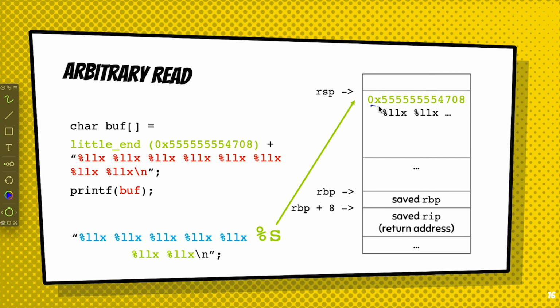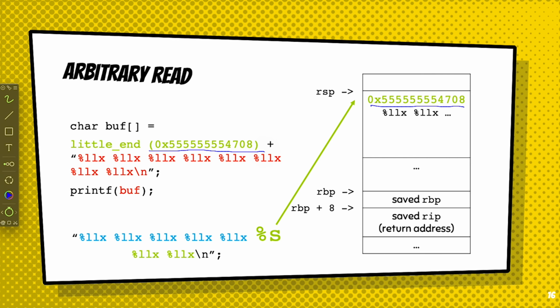Since we need to put this in the buff, we just add this at the start of the buff because we want to make it the bottom, right? In this case, the buff will have a prefix before the format string, which is the address of the arbitrary read.